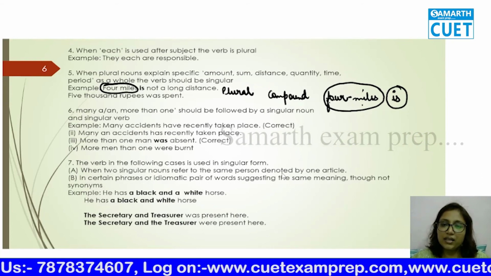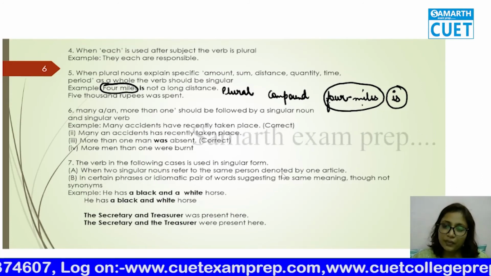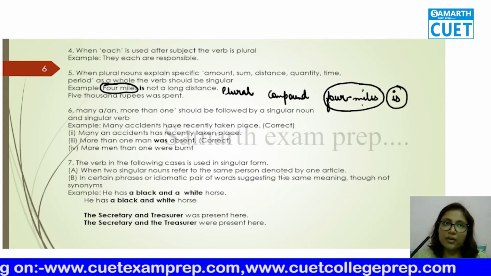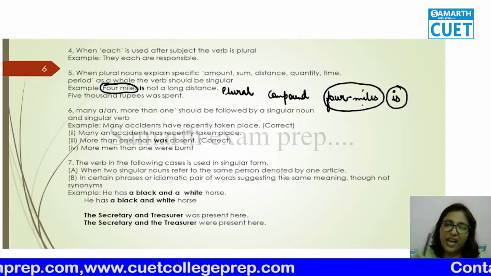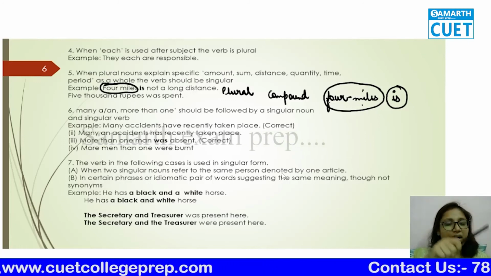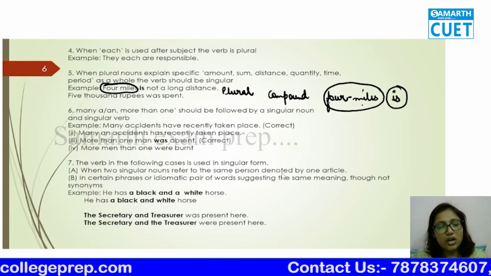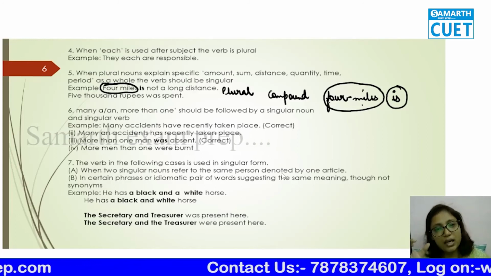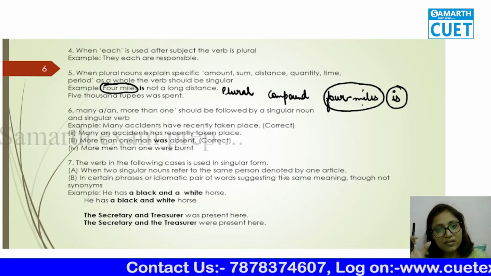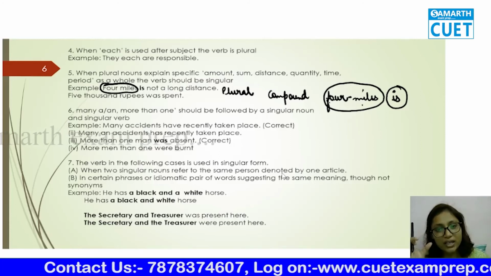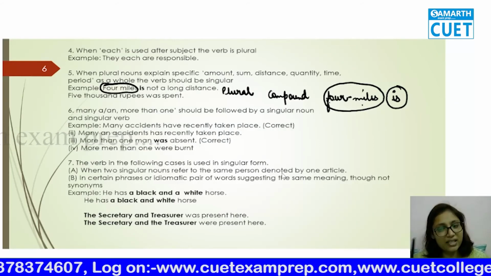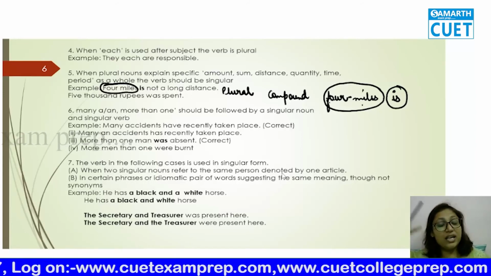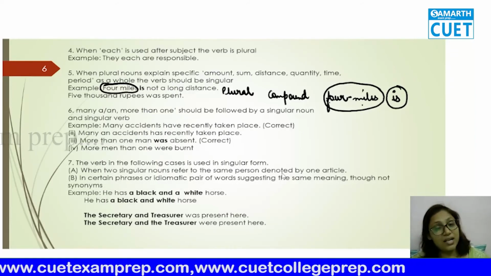is, okay, 5 meter is the length of the cloth. 5 kgs is the weight of the rice. So when a number and a noun, that means the noun for amount, sum, distance, quantity, time, period, like 5 years is a long time, not are a long time.